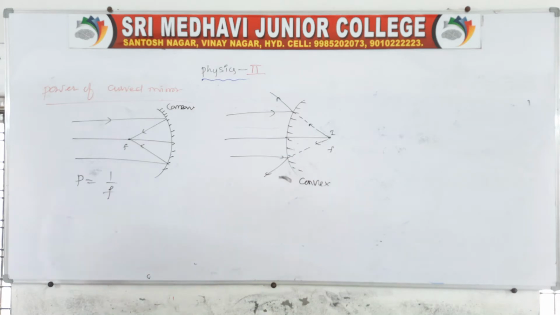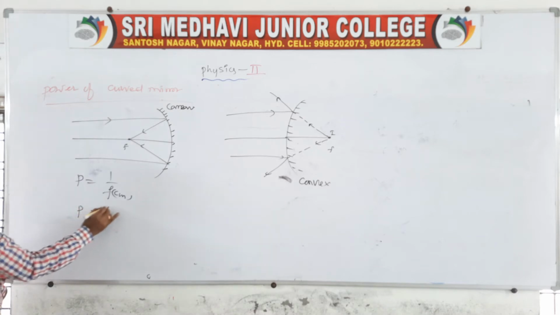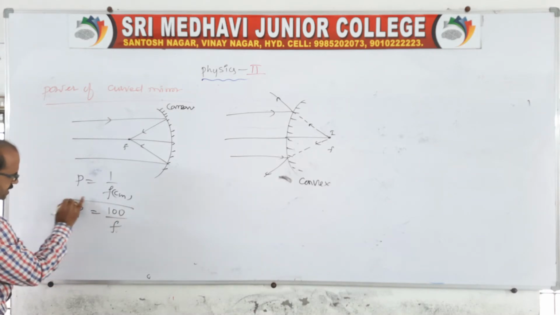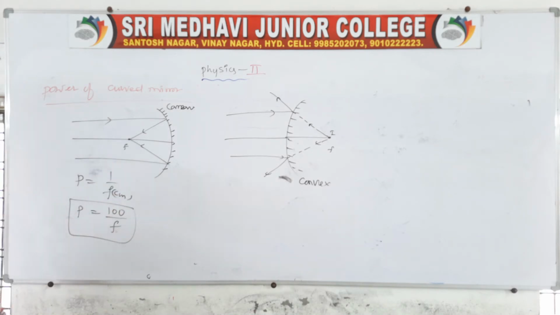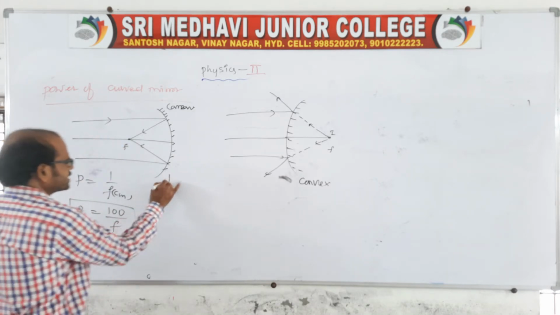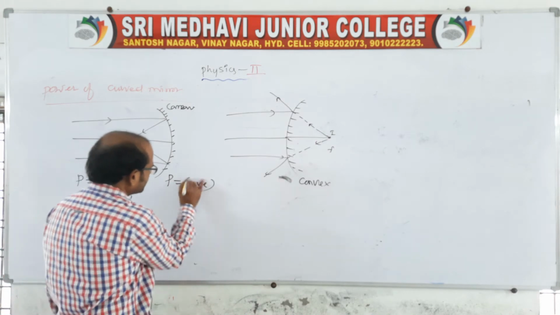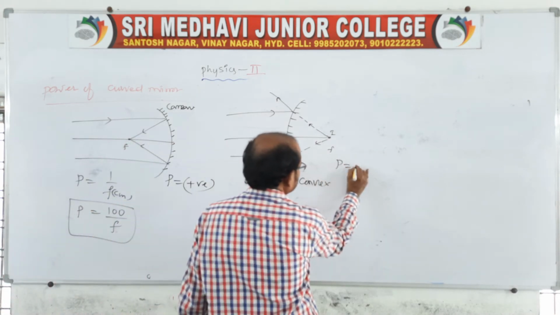So if the focal length is in centimeters, you take like this, power is equal to the reciprocal of it. If you want to say in meters, yes, we can write like this. Power will be reciprocal of focal length. If focal length is in centimeters, therefore 100 by f. So for the concave mirror, power will be taken as, very simple, positive. In case of the convex, power will be taken as negative.